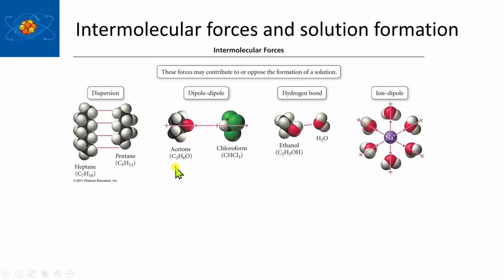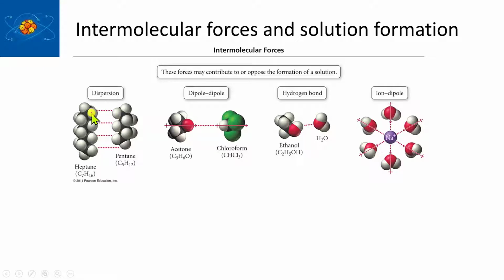What your book lists is a set of intermolecular forces, and these can either contribute or oppose the formation of solution, and it has to do with the energetics that we talked about earlier. You'll notice this is heptane, C7H16, and pentane, C5H12. These are all nonpolar, because they only have CH bonds.